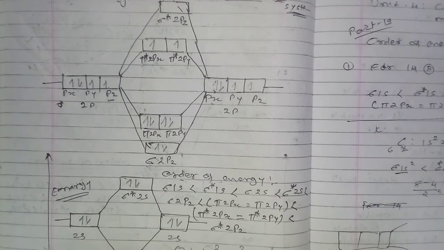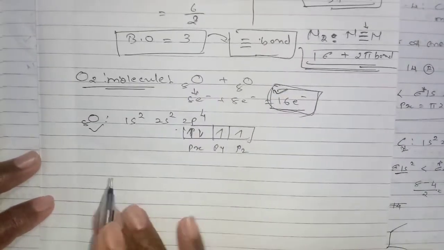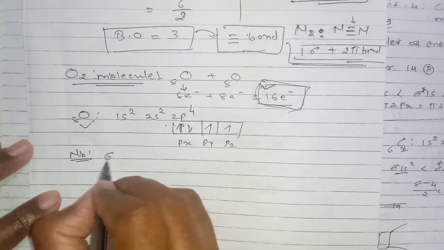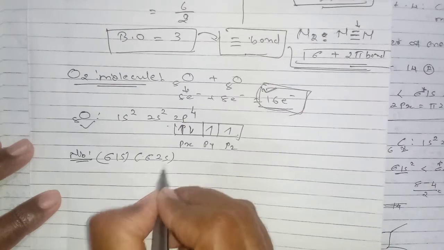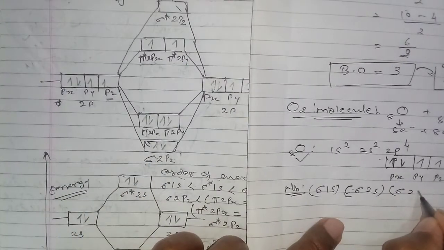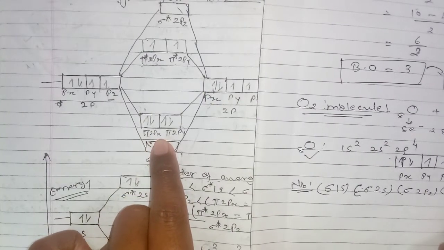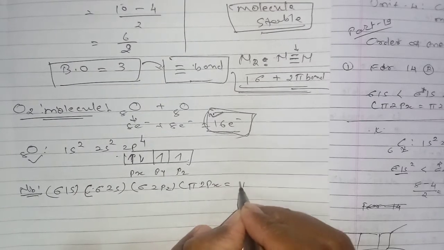Now the calculation for the number of electrons present in the bonding molecular orbitals and antibonding molecular orbitals. Here sigma 1s, sigma 2s, sigma 2pz, and pi 2px equal to pi 2py.